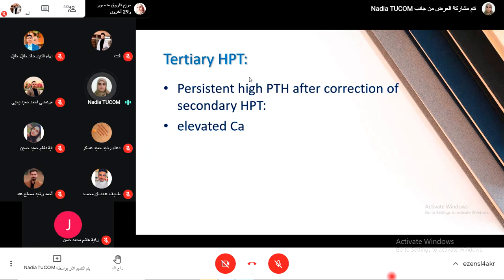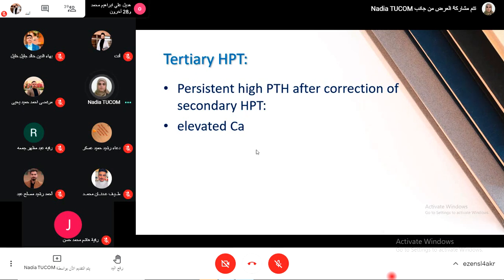So the patient develops hyperplasia of the parathyroid glands, with continuous autonomous secretion of PTH, unrelated to blood calcium level.